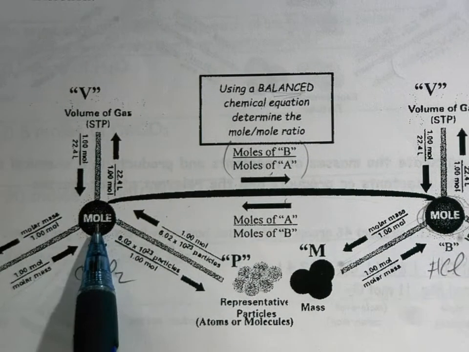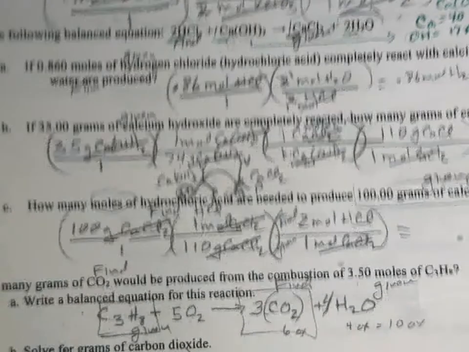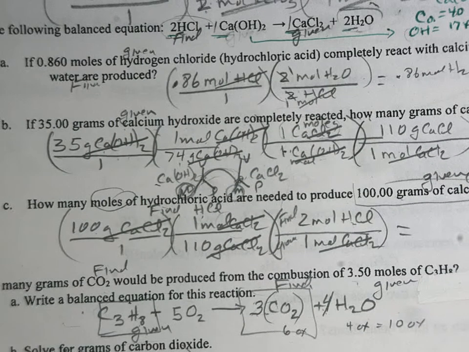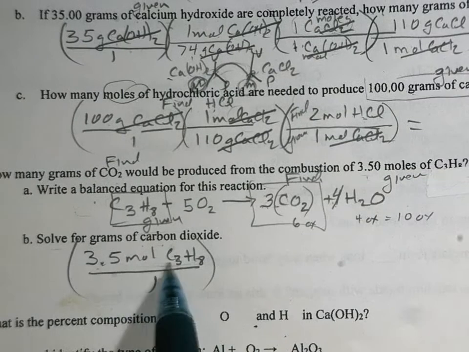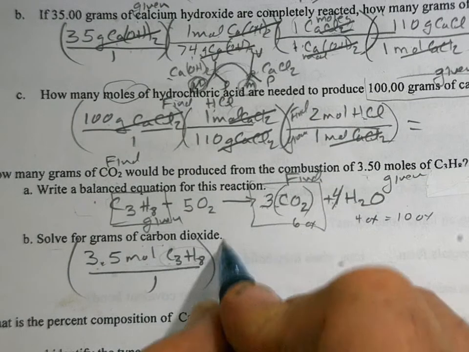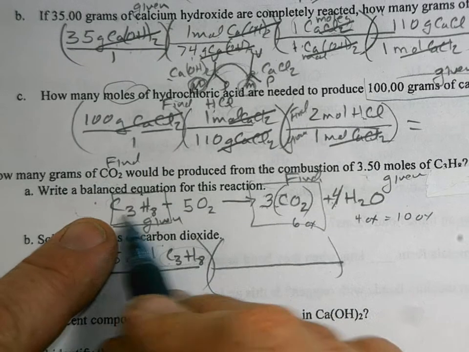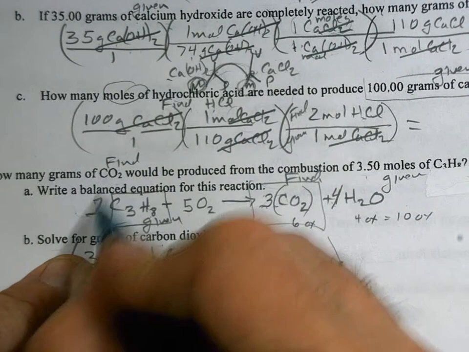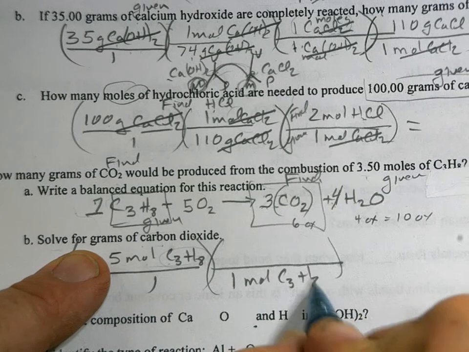Looking at an MVP triangle, we're starting at moles of our first compound, so we need to do the mole-to-mole ratio there. So now since I have moles of C3H8, I have moles of C3H8 here. So we need to have, from the balanced equation, 1 mole, because there's an invisible 1 in front of there, 1 mole C3H8.